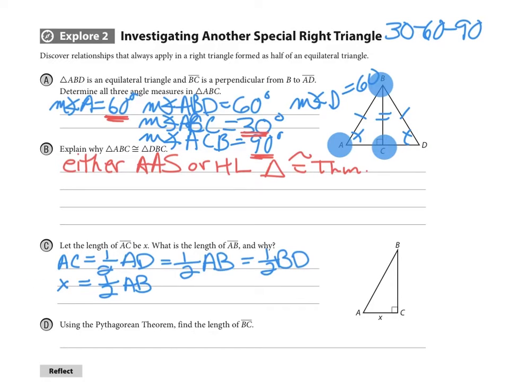So now we're here, okay? We've got that the length of AC, which was given to us, we're calling x. If that's half of AB, then how do we solve this equation for AB, you guys? Well, we just multiply both sides by 2, and so we get that 2x could be expressed algebraically as the length of AB.